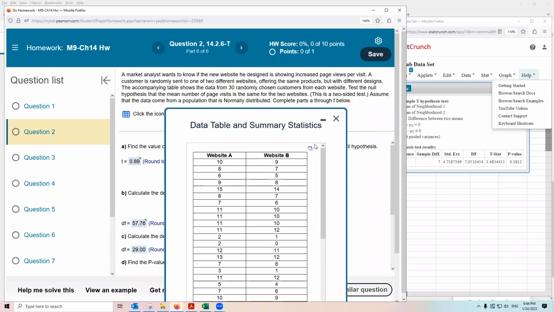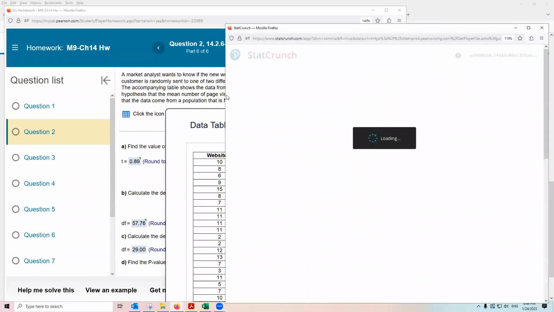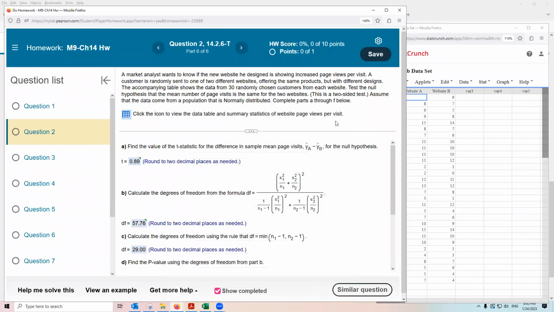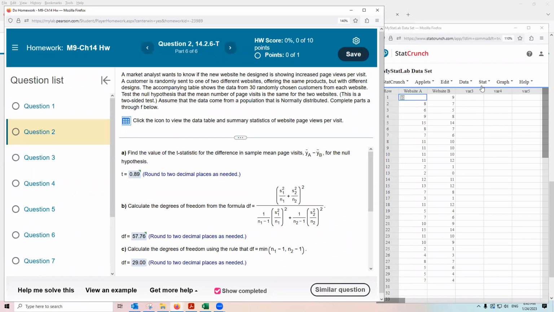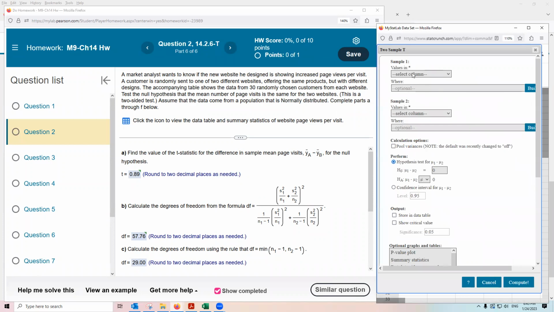All right, well, first thing I'm going to do is open up this data set in StatCrunch. Okay, here it is. And again, we don't know the population standard deviations here. So I'm going to go Stat, T-stats, 2 samples with data. All right, I'm going to select website A for the first set of samples and website B for the second set.